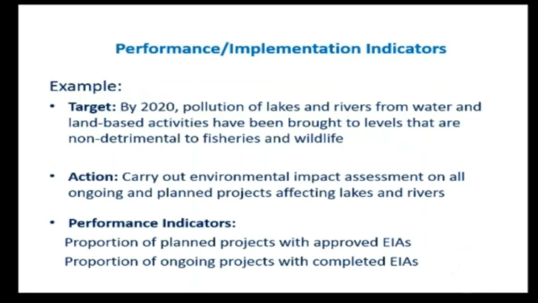They've identified an action to carry out environmental impact assessment on all ongoing and planned projects affecting lakes and rivers. So the performance or implementation indicators for that are proportion of planned projects with approved environmental impact assessments, and proportion of ongoing projects with completed environmental impact assessments. So those indicators are about the actions. They're not measuring whether the lakes and rivers are polluted or not.